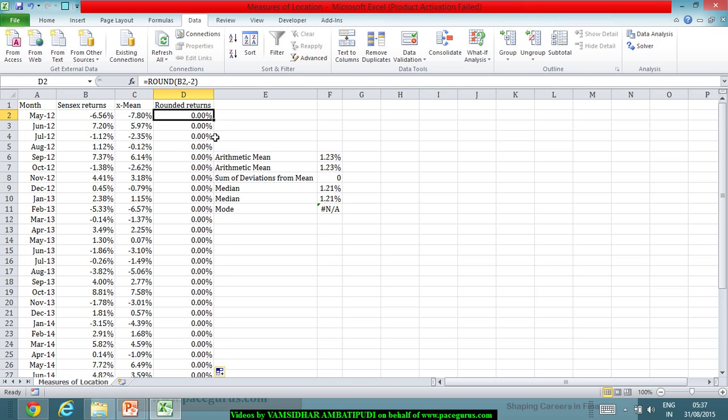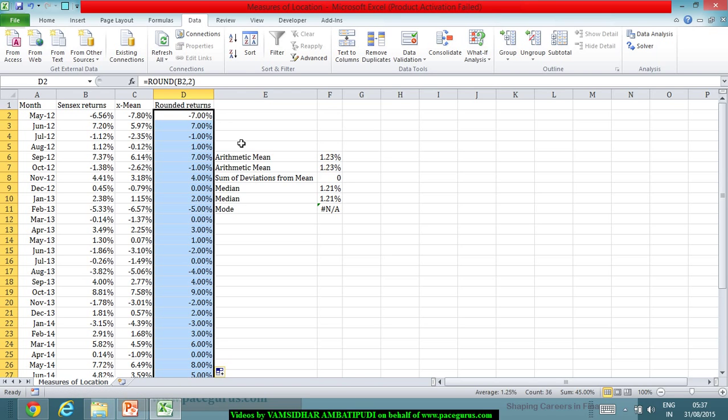Okay, even if I round it to -2, all are working out. I have to round it to two decimals, 2 digits after the decimal point, right? So all of them, okay, there are a few 7%.